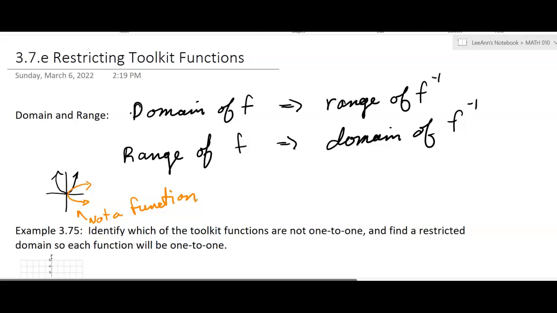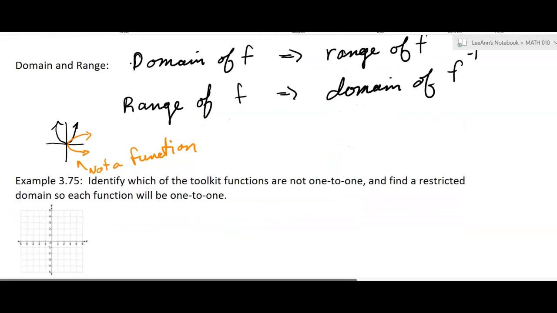However, the good news is we can restrict things so that they are one-to-one. Okay? So remember, to have an inverse, a function must be one-to-one to have an inverse function, I guess.